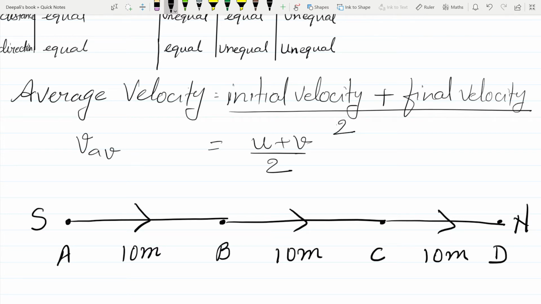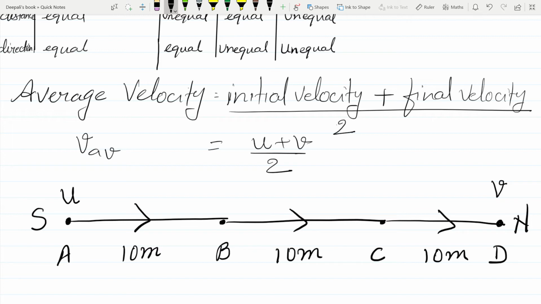So, this is uniform velocity, and the velocity or the speed with which it started at point A is called as initial velocity, and the point where it came at rest or still moves further, but point D for us here will be the final velocity.